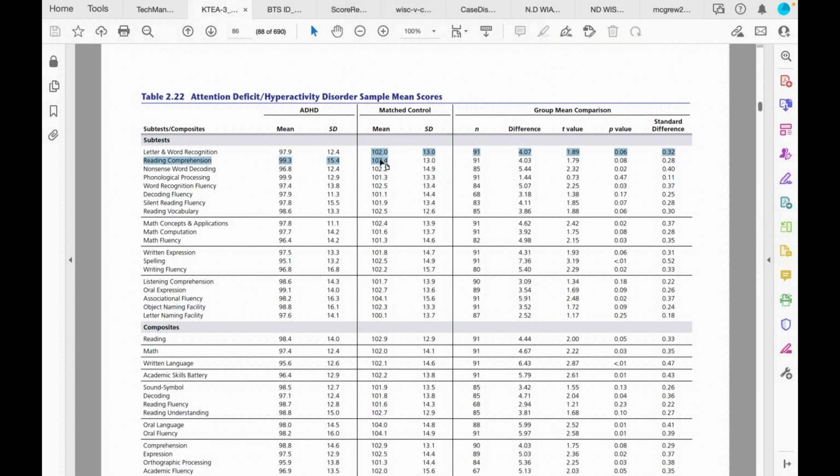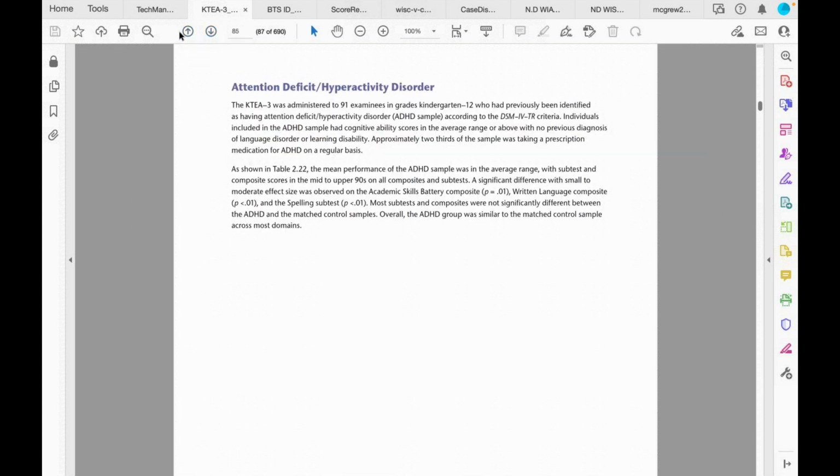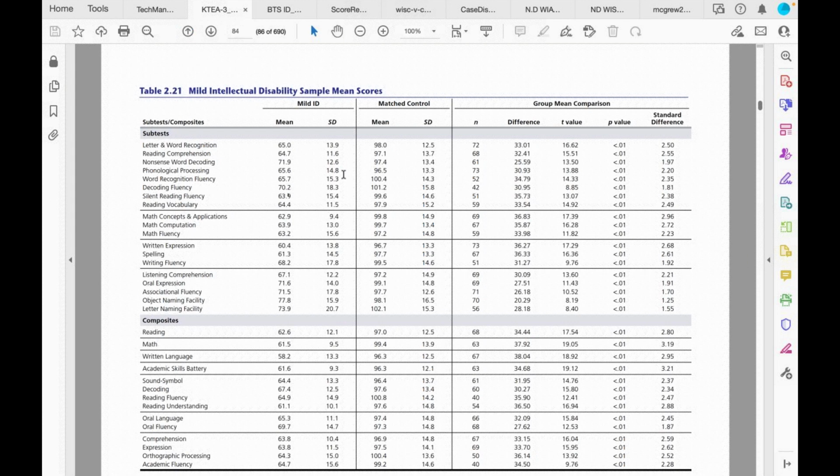For example, they can't put a lot of kids in the norm sample with ID, because that would skew the results. Okay, so they do a separate study. Now in the WJ, they had 50 kids. Now there's a lot more kids with ID in the WISC sample. I think it's over 100, but they did a special study.